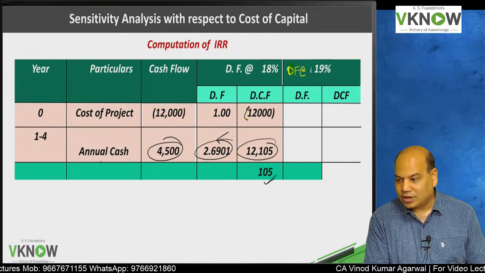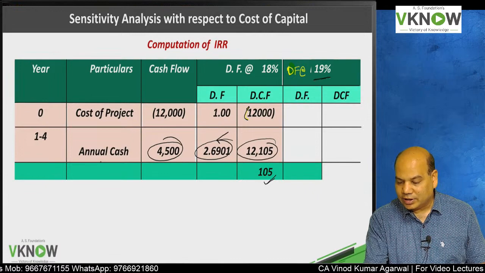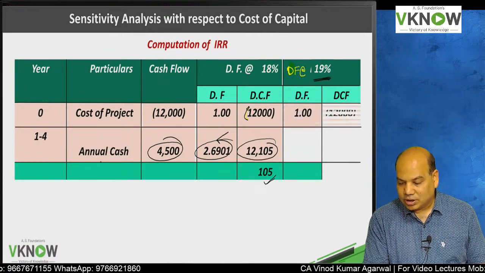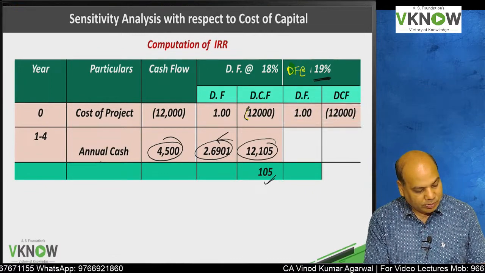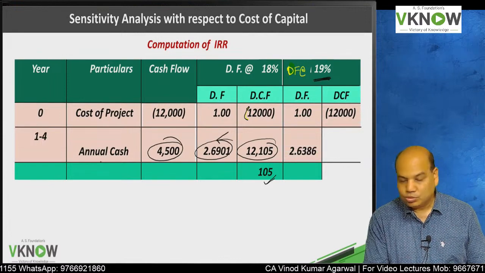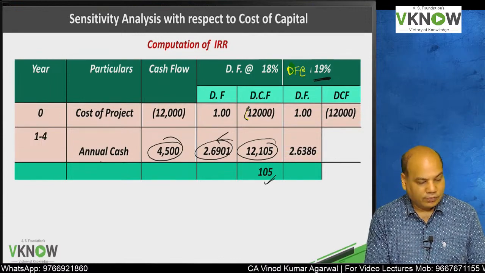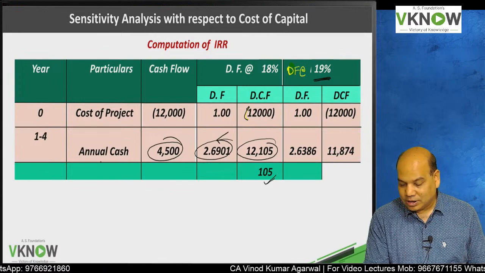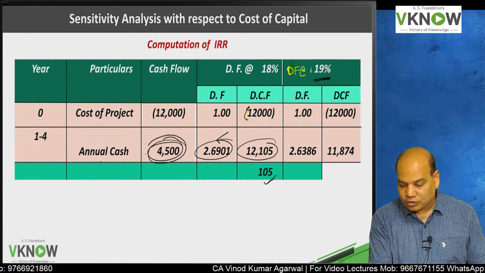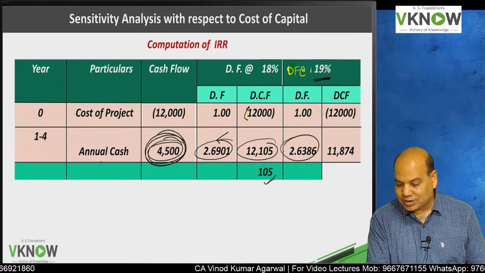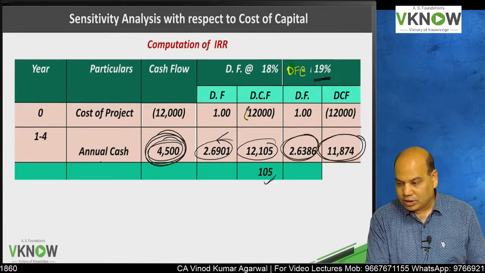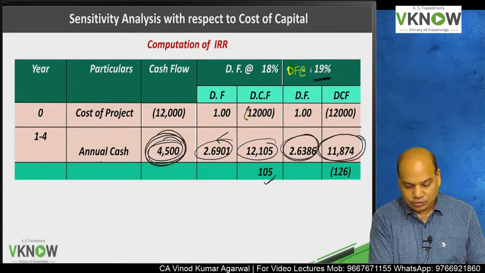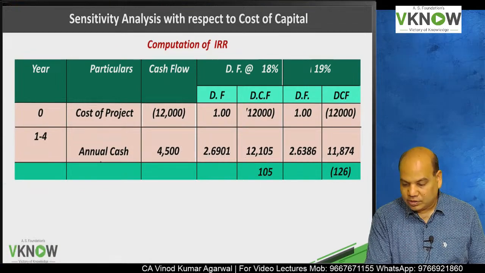Positive NPV means increase the rate. So take the rate 19% now, factor is 2.6386 from the book. Multiply 4,500 into 2.6386, you will get this answer, and therefore NPV is negative.